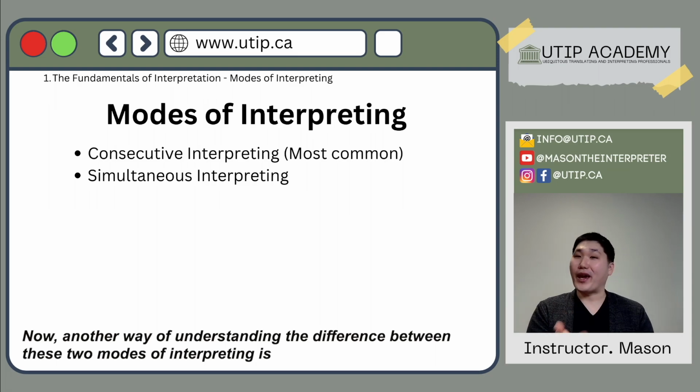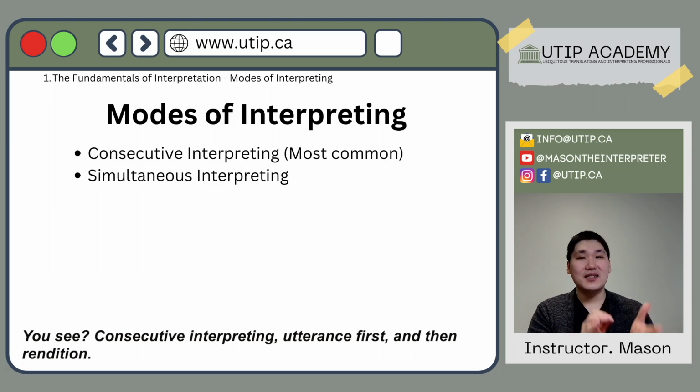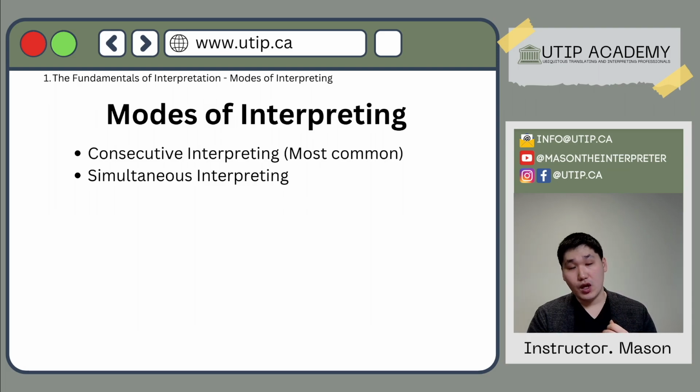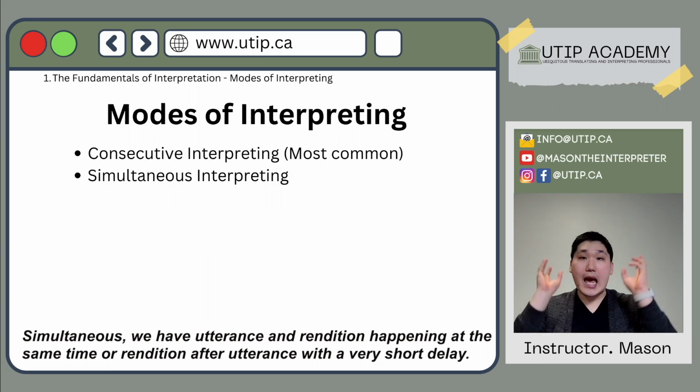Another way of understanding the difference between these two modes of interpreting is to see when the utterance and rendition are happening. You see, consecutive interpreting, utterance first and then rendition. Simultaneous, we have utterance and rendition happening at the same time, or rendition after utterance with a very short delay.